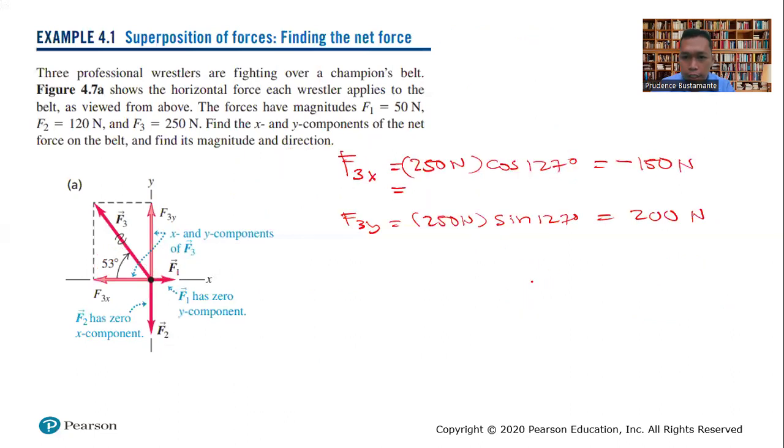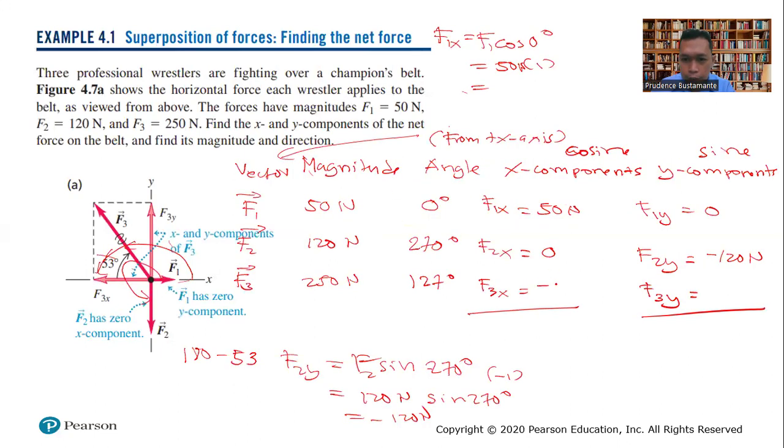So we have here sa x negative 150 Newton and sa y is 200 Newton. So dire natay mabilin nga negative 100 Newton sa atong net force along y.